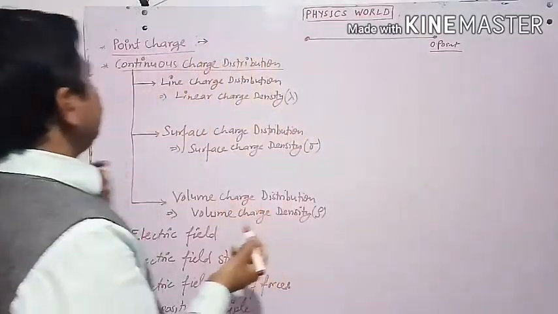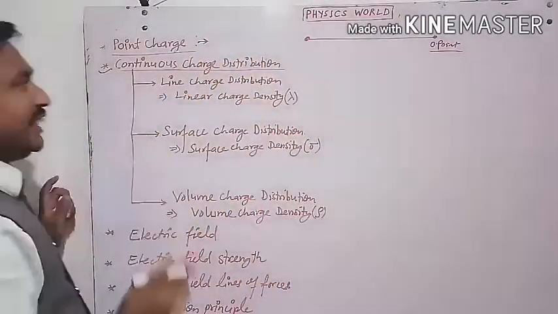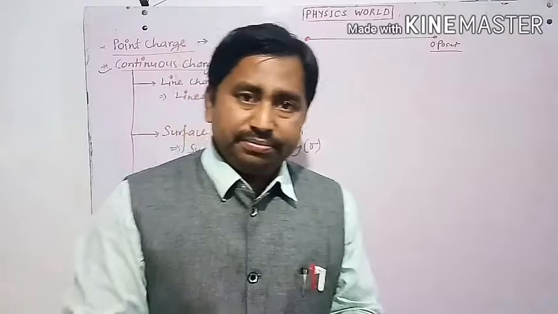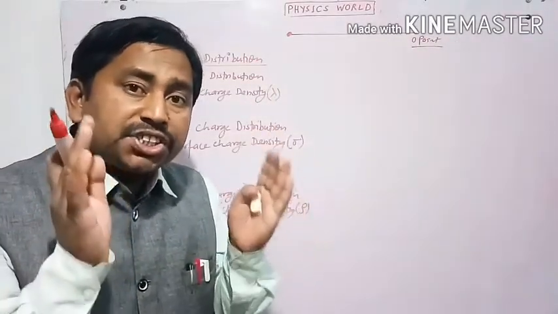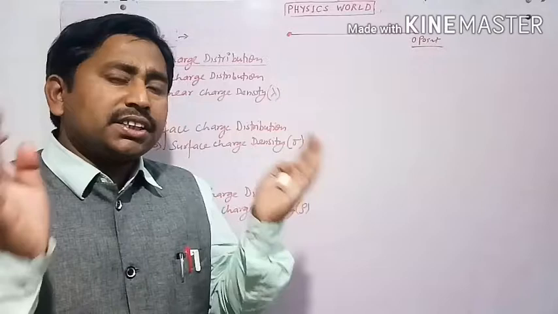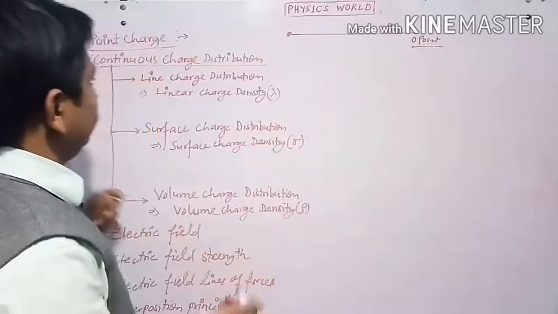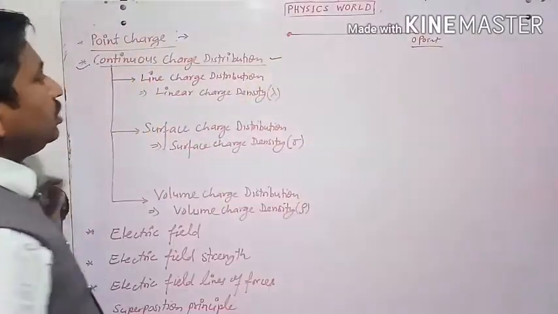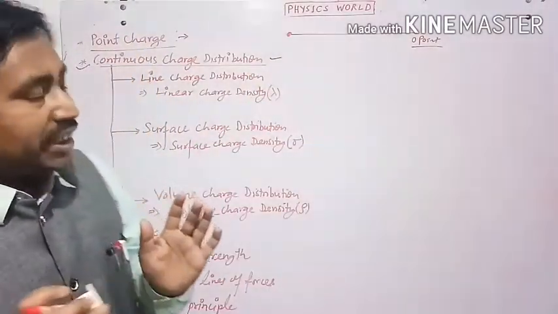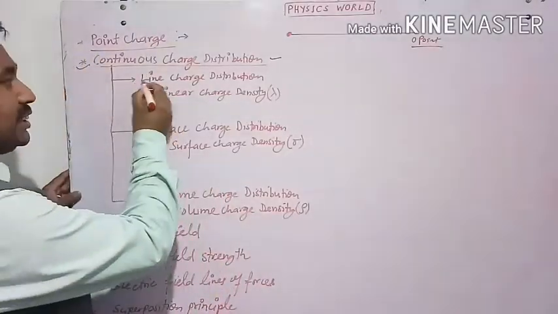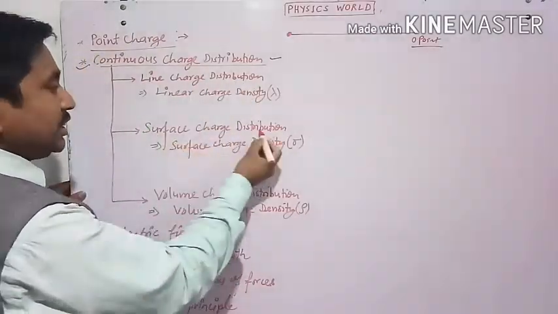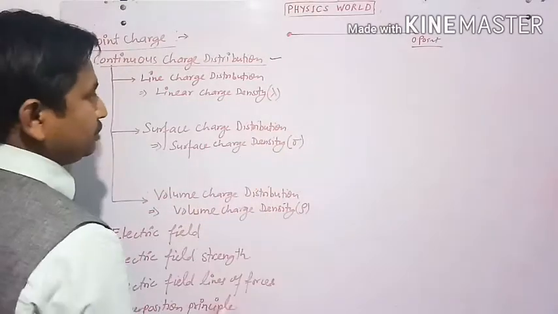Now come to the next topic, continuous charge distribution. A system of closely spaced charges is known as continuous charge distribution. Continuous charge distributions are of three types: first, line charge distribution, second, surface charge distribution, and third, volume charge distribution.